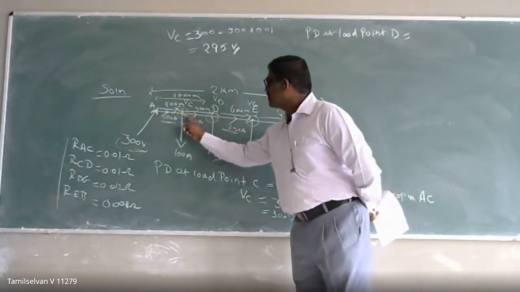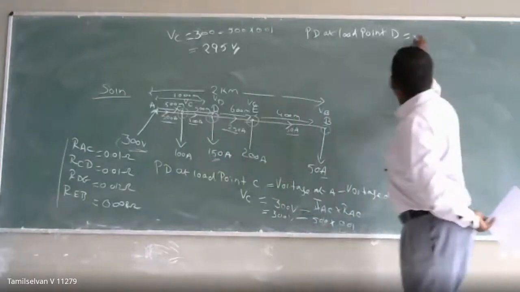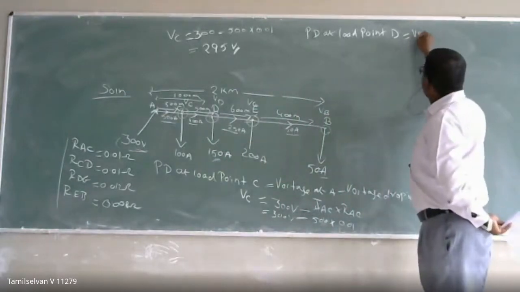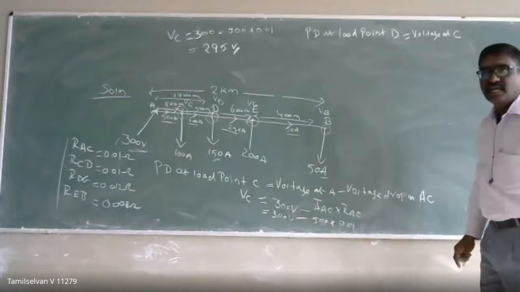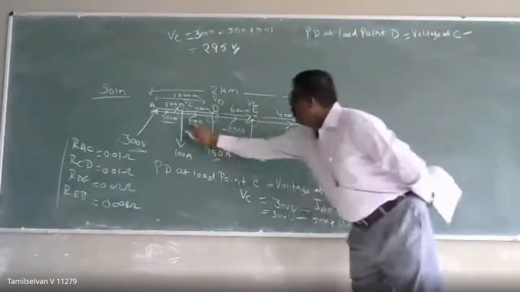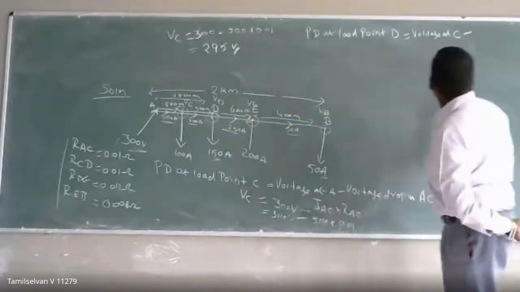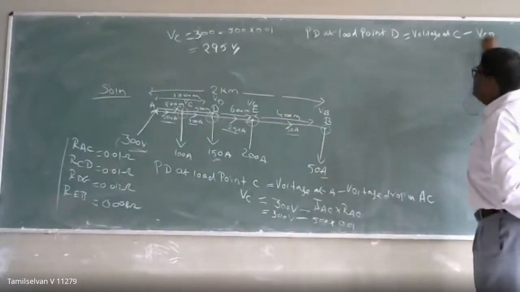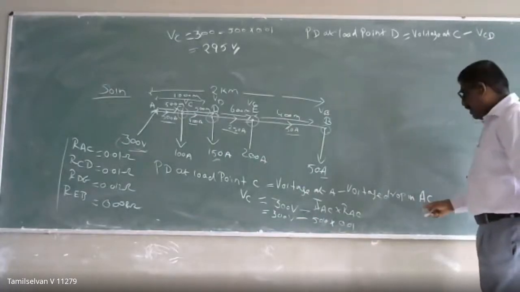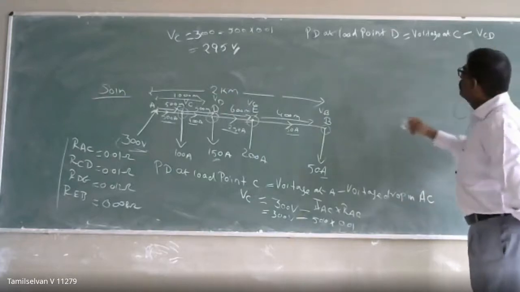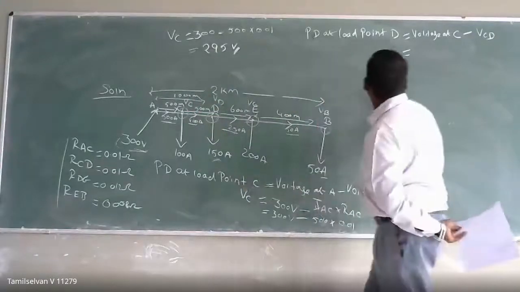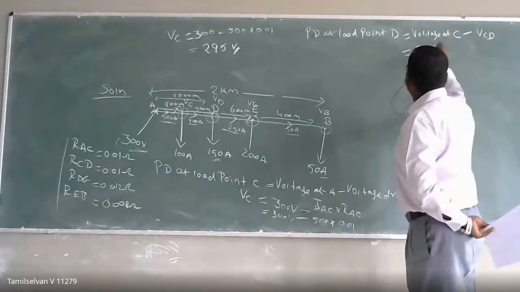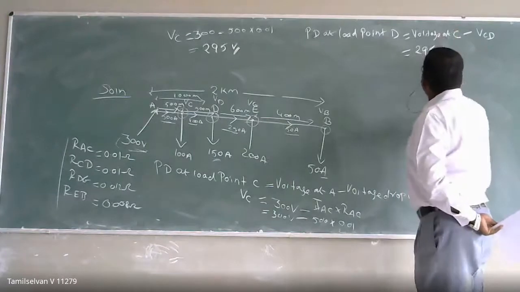VD is VC minus the voltage drop in the section CD. I have calculated in the previous step that VC is 295, the voltage at my C point.